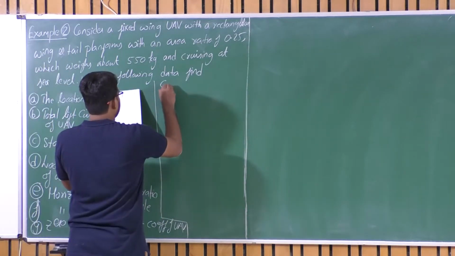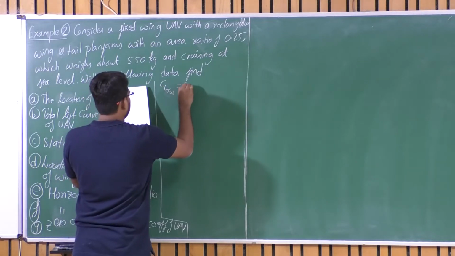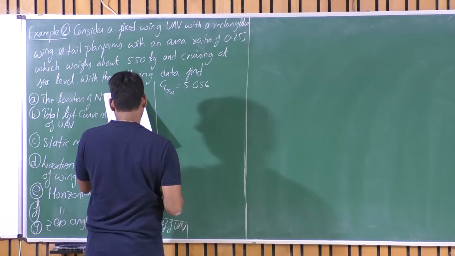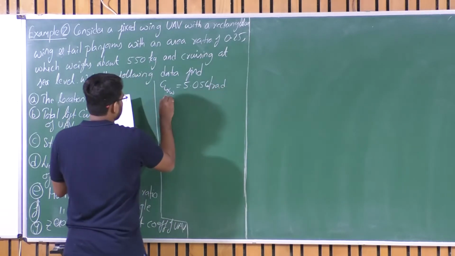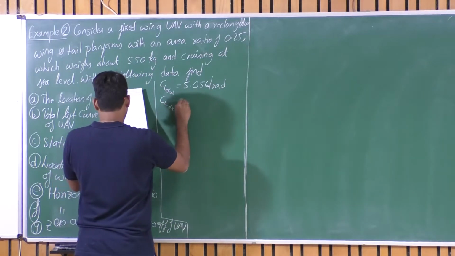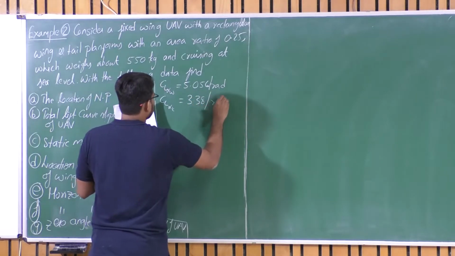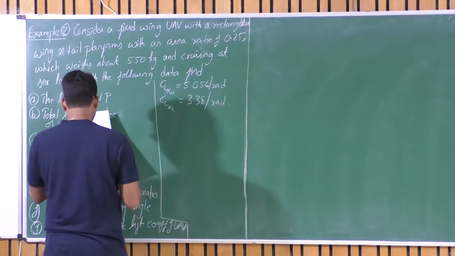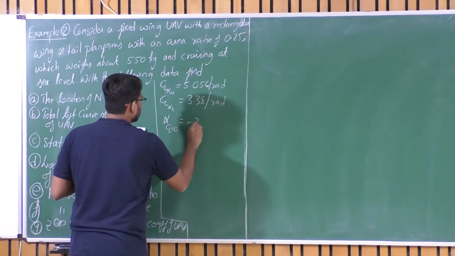So CL alpha of wing is given as 5.056 per radian. CL alpha of tail is given as 3.38 per radian. Alpha at which CL is 0 is minus 2 degrees.